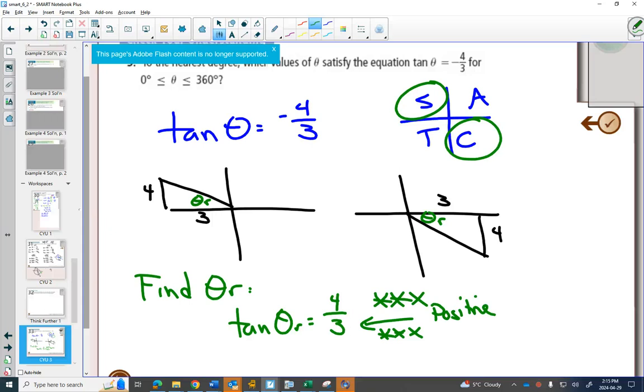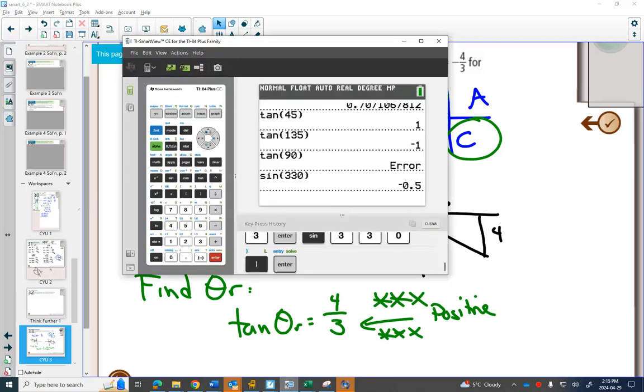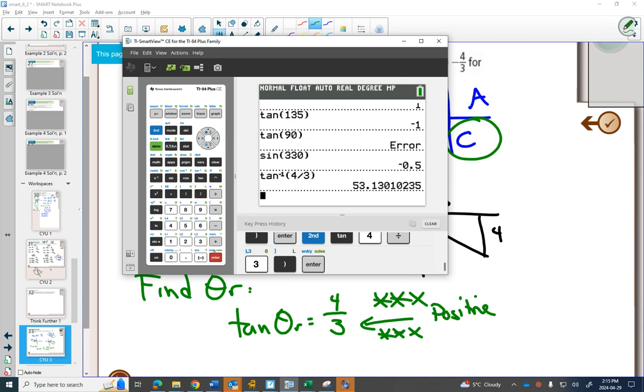So I go to my calculator, and if I want to find an angle and I have a ratio, that's where we use our inverse, right? So I'm going to go tan inverse of 4 divided by 3, and I get 53.13 as my reference angle.